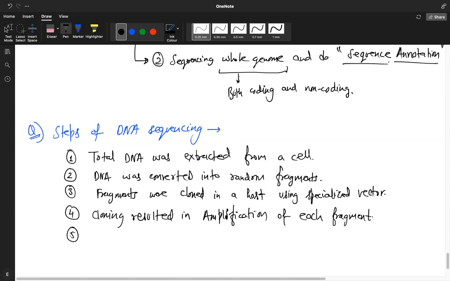And then once you have amplified each fragment, you can sequence. Sequence the fragments.